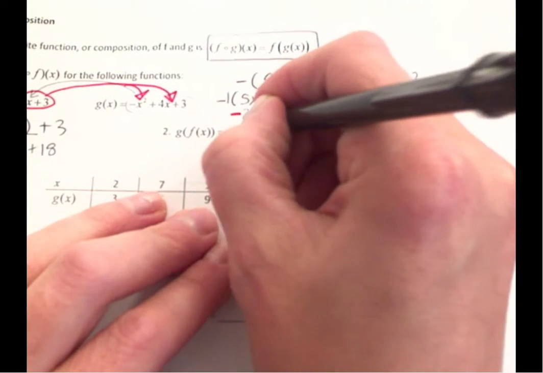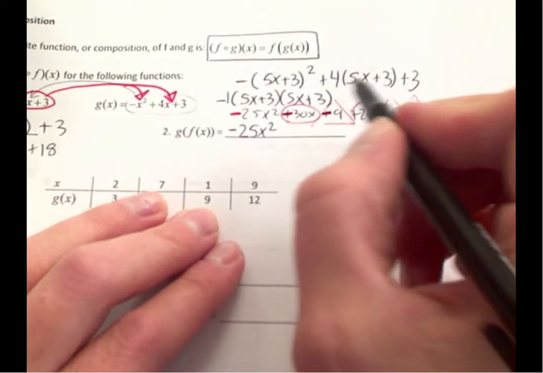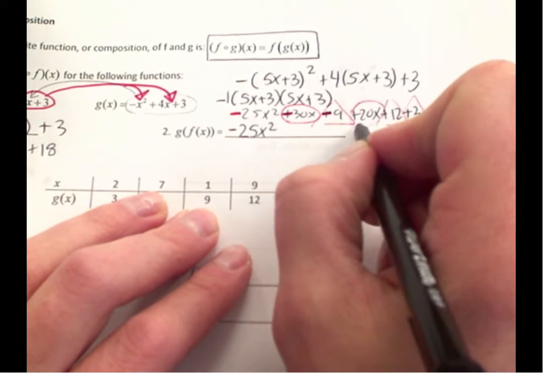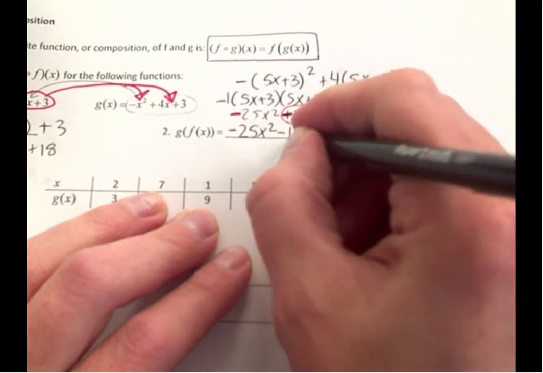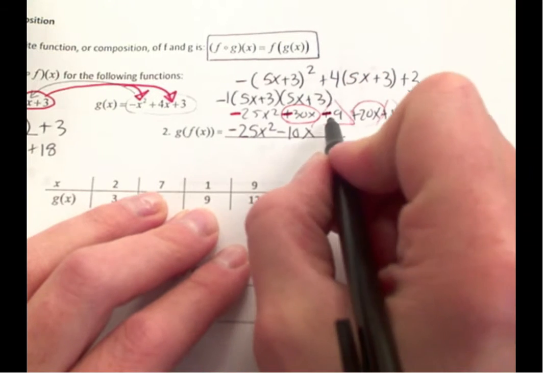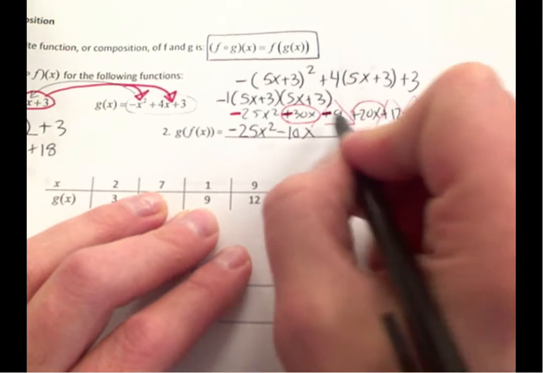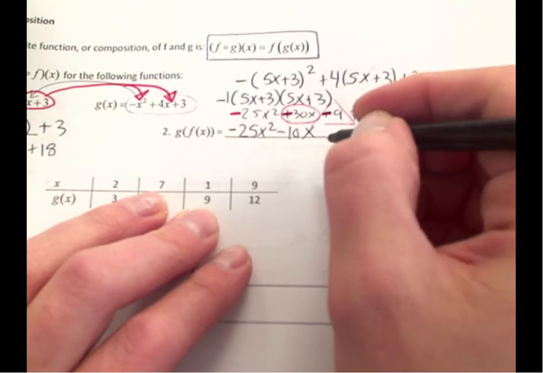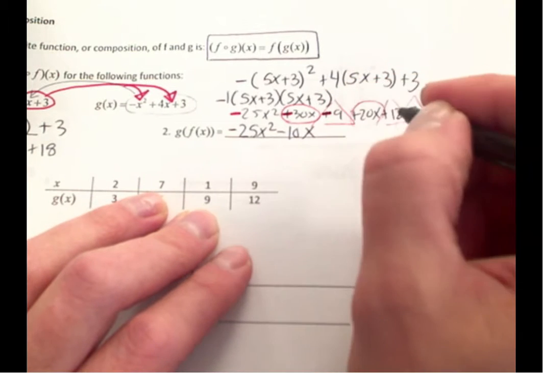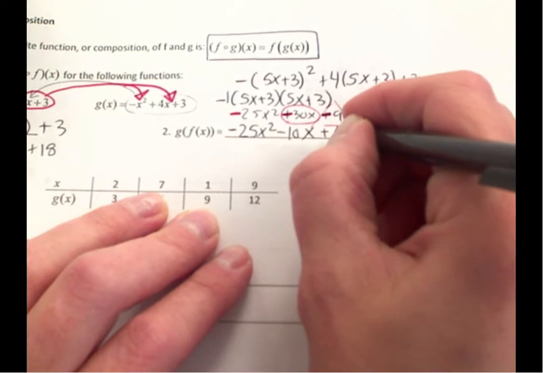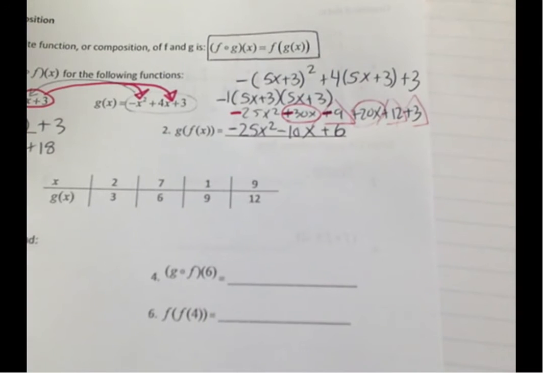So minus 25x squared. That's a minus, so this is minus 10x. 15 minus 9. Positive 6. Okay, that's a little bit of review of how the composition works. It's substitution.